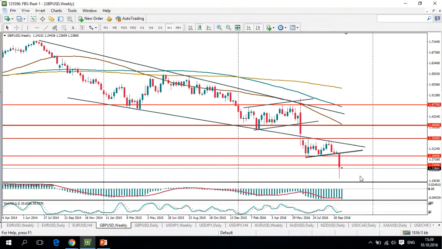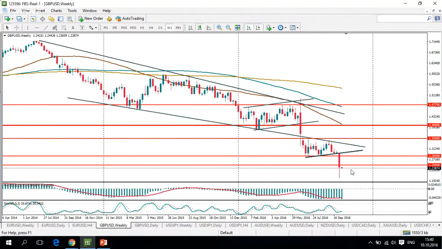The bigger picture certainly is that the British pound visited lower levels we haven't seen for ages. It means that the downtrend is continuing and it has force, and that the market has a really negative attitude towards the British currency and the prospects of the United Kingdom.